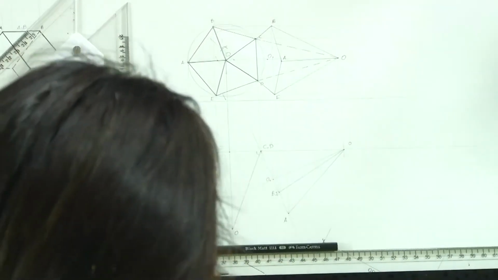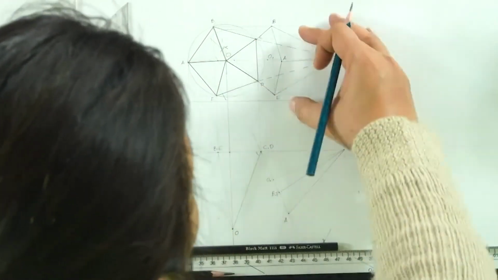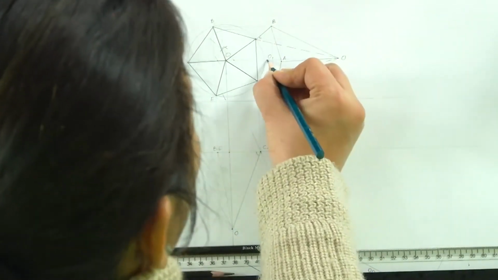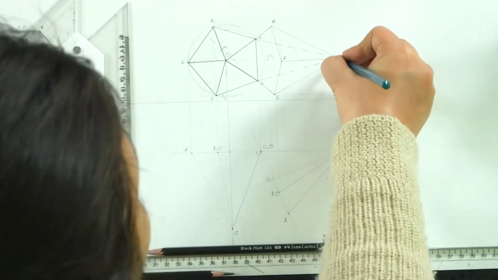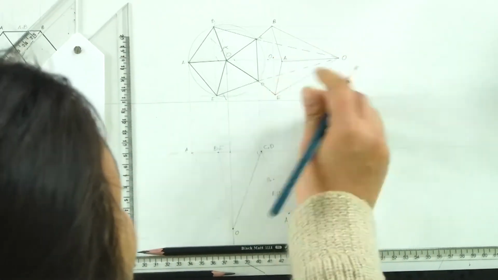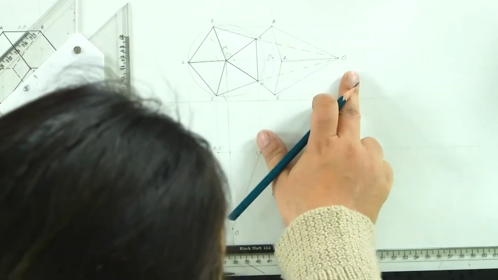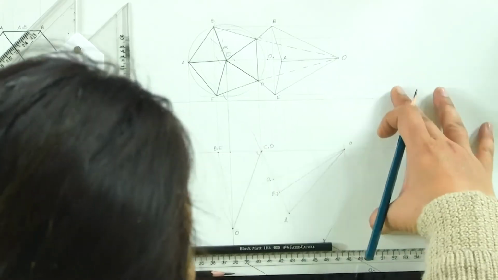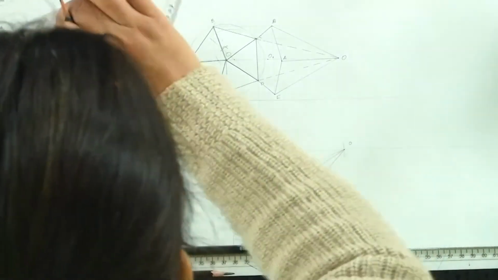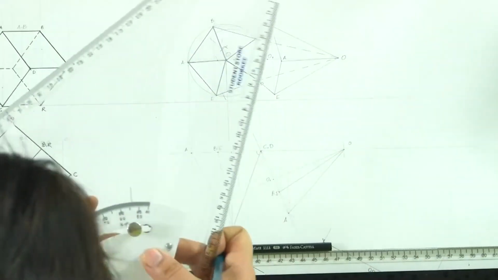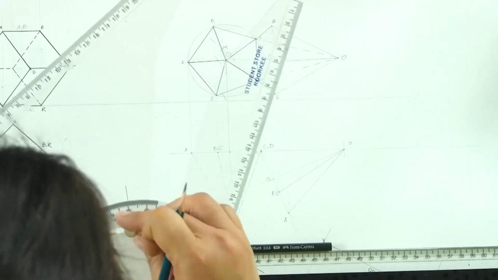We will incline this entire cone by 30 degrees such that this axis O1O makes an angle of 30 degrees with the HP. So what we have to take now is one step further.